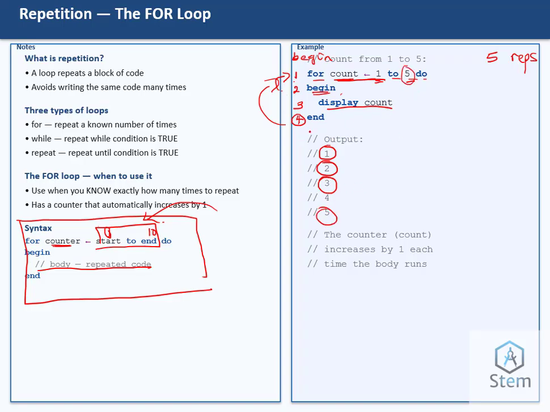When count gets to 6, we come back and we realize that we must stop at 5. So our program will exit the loop. It will get out of the loop. So that is how the for loop works.